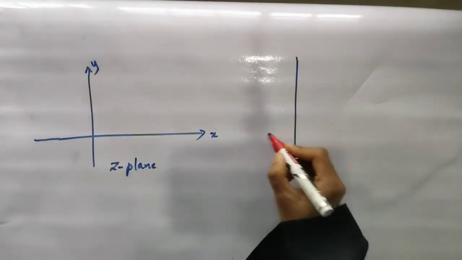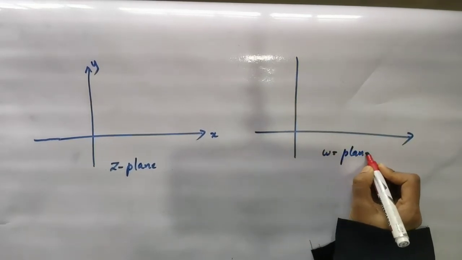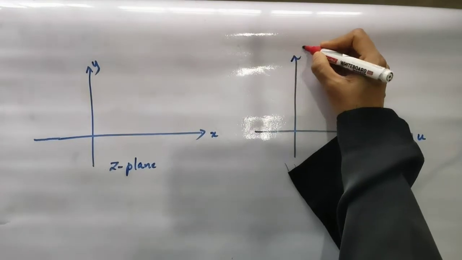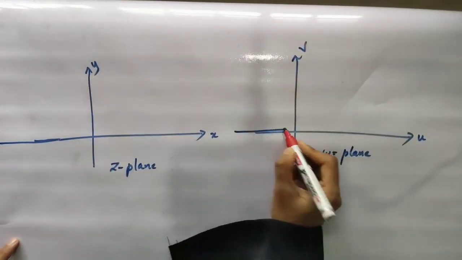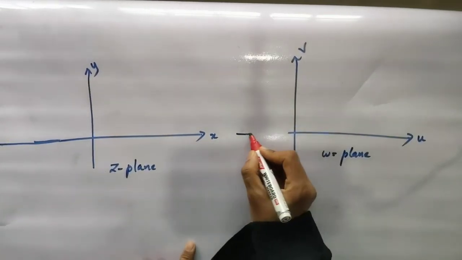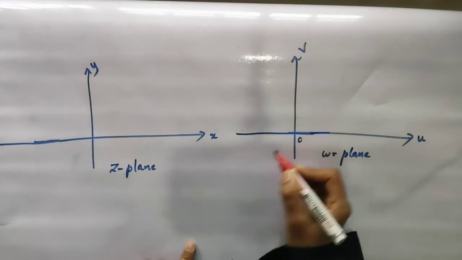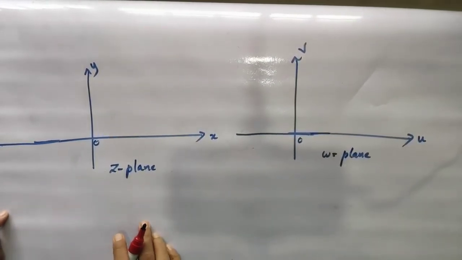Here the W plane, real axis U, imaginary axis V. I'll just extend a bit here as well, because I need to consider the two parabolas. Yes, 0, origin.